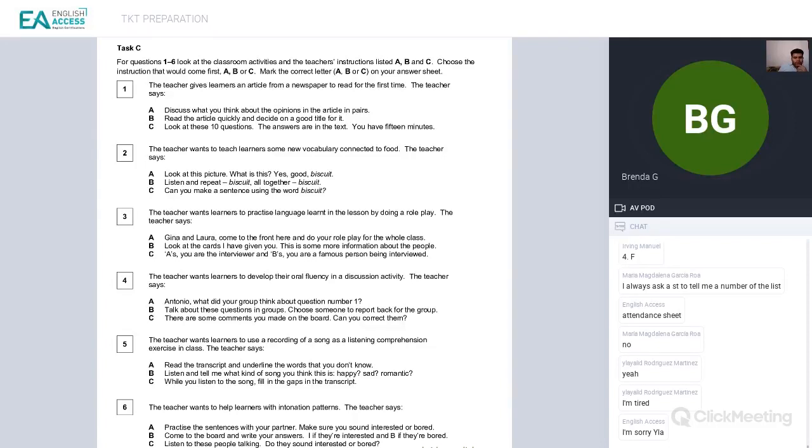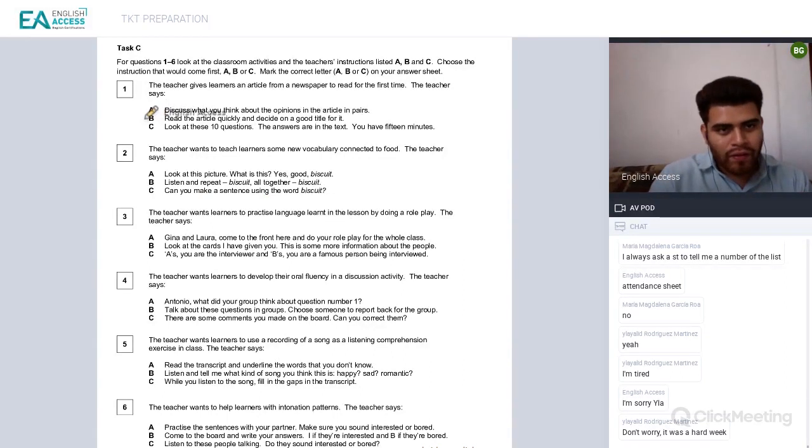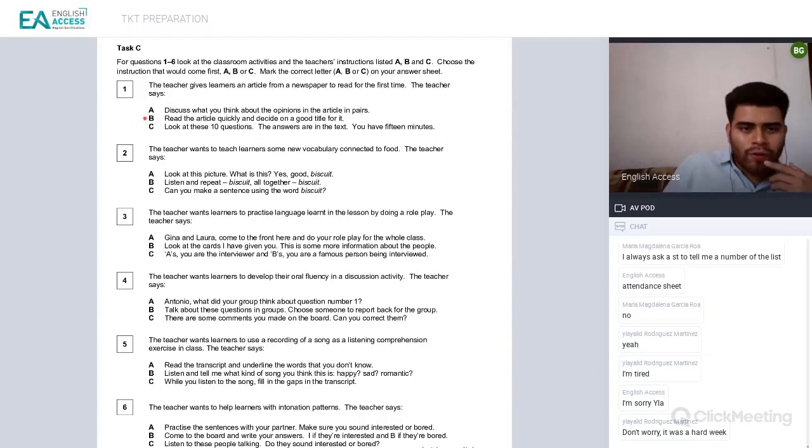Which activity do you think goes first? B, definitely. Number 1 is B: read the article quickly and decide on a good title for it.